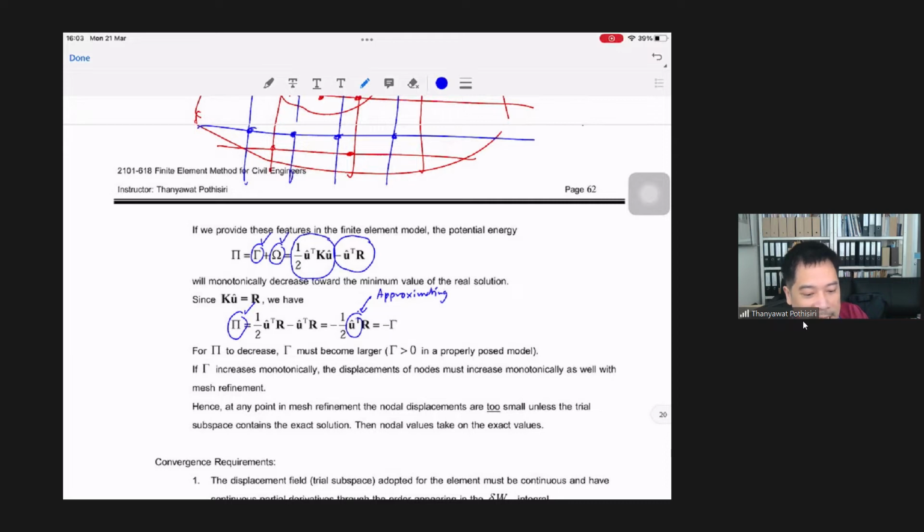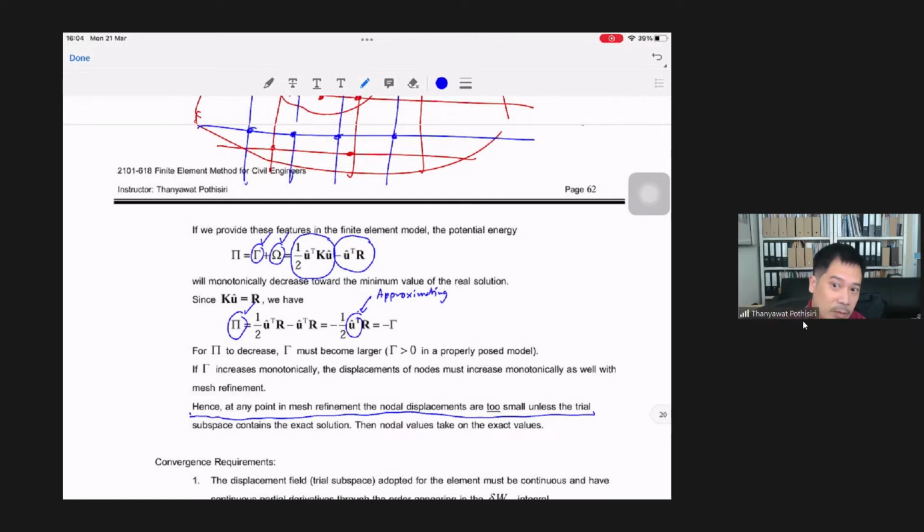By looking at this energy term, we can see that because we are trying to maximize the nodal displacement, it means that during your approximation, or during your solution finding process, the nodal displacements that you obtain are normally too small, right?